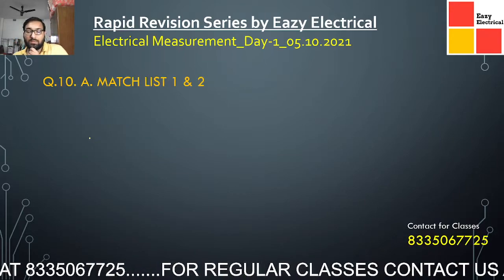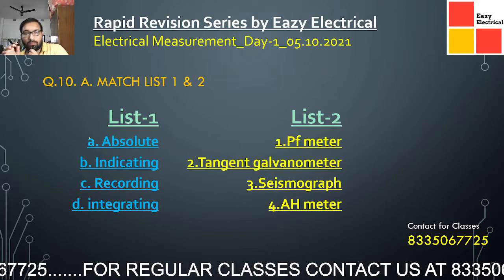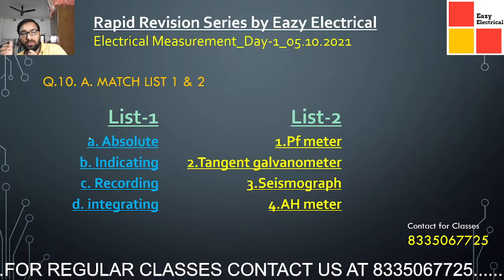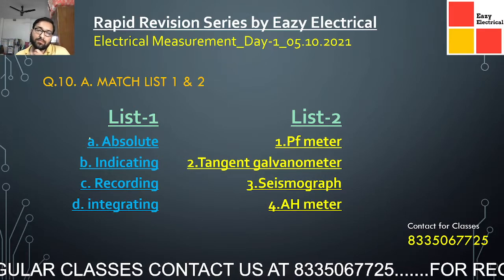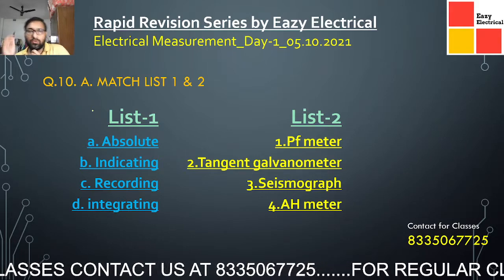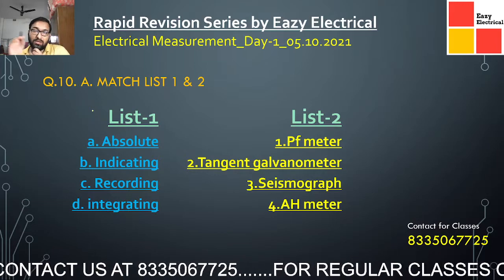Now coming to the last question: match the list from 1 and 2. We have talked about all the types: absolute instrument, indicating instrument, recording instrument, and integrating instrument. Absolute instruments are those from which we can measure direct values, not compared values.